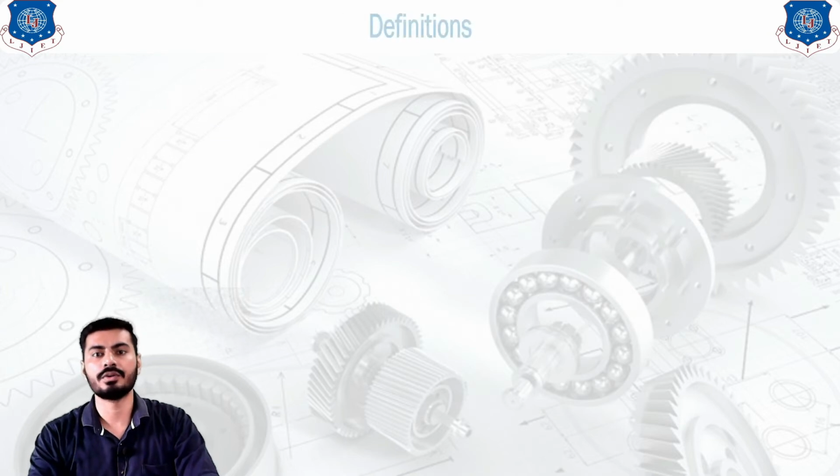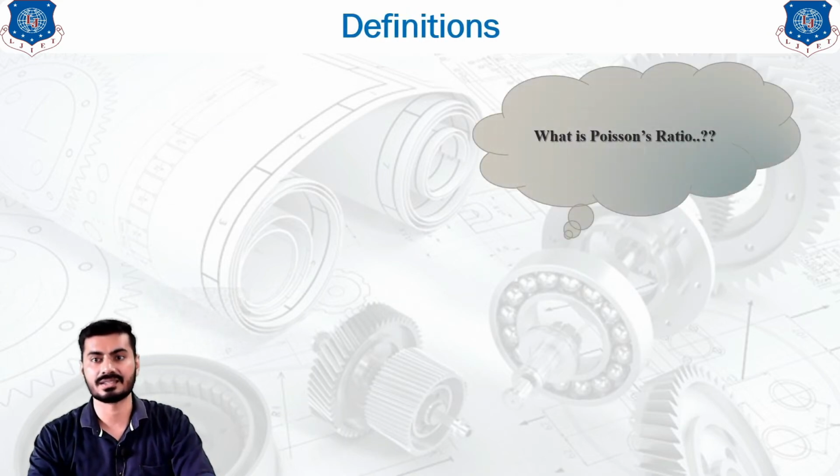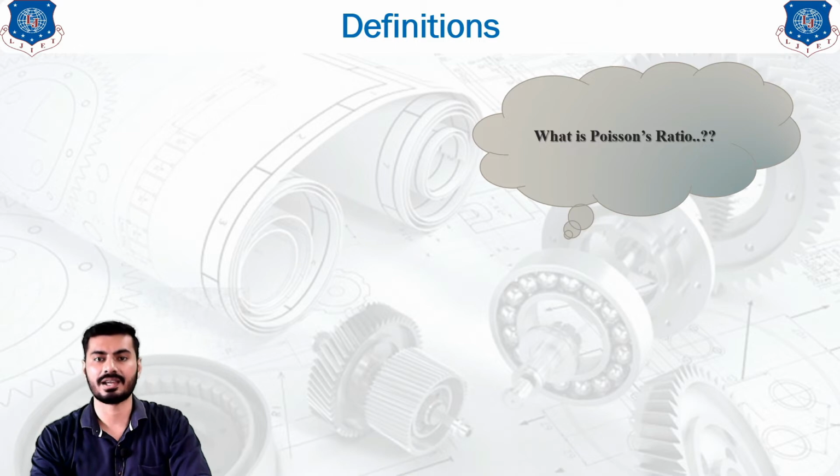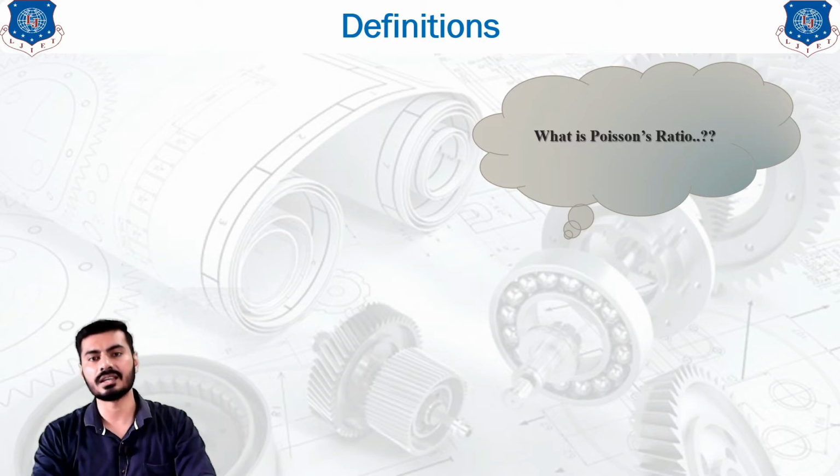Okay, so now we will define our first main elastic constant, that is nothing but the Poisson's ratio. Now, what is the Poisson's ratio? Definitely it is a kind of constant, and that's why we are introducing it in this chapter.